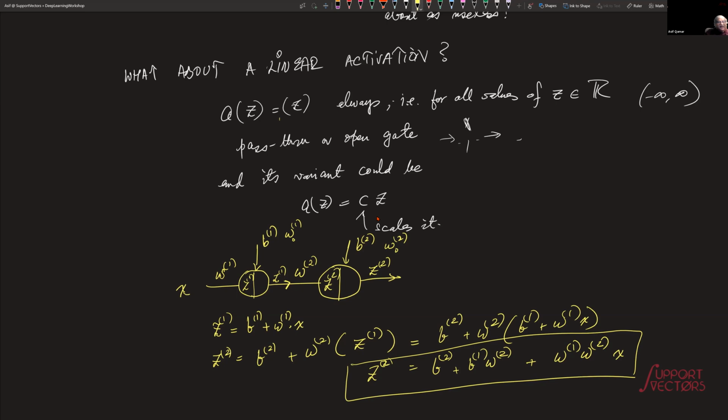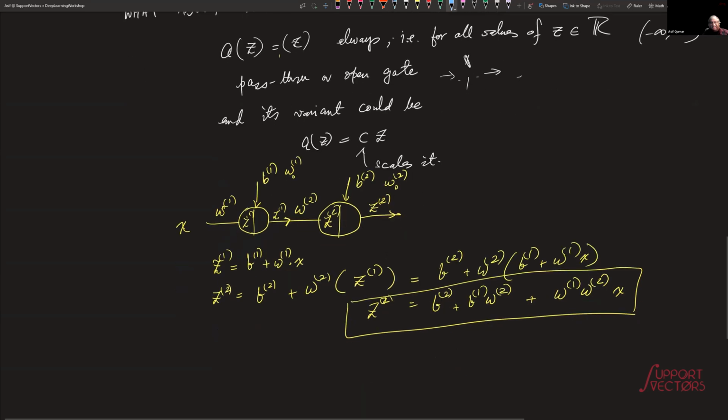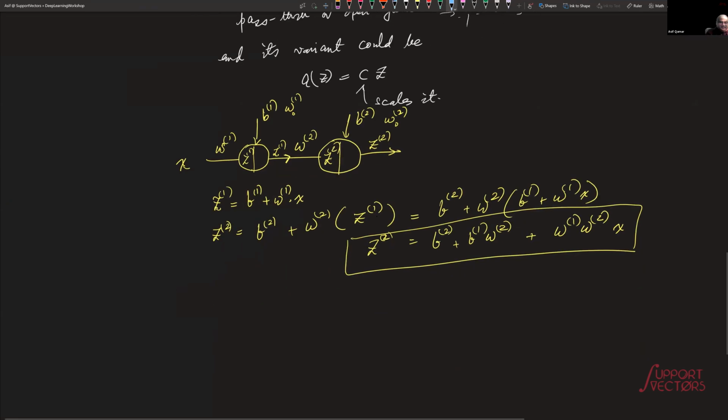Yes, sir. But now comes an interesting thought. What if you had instead just created a single neuron, where this is the weight and this is the bias? Let me put primes here to indicate that we are talking of another, and this is the Z prime.